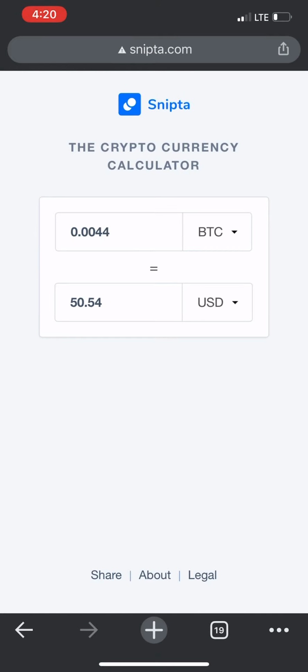But 0.0044 is 0.0044 in bitcoin, just that its value in dollars will not be the same. It always changes depending on bitcoin prices. Whenever bitcoin prices increase, it increases.